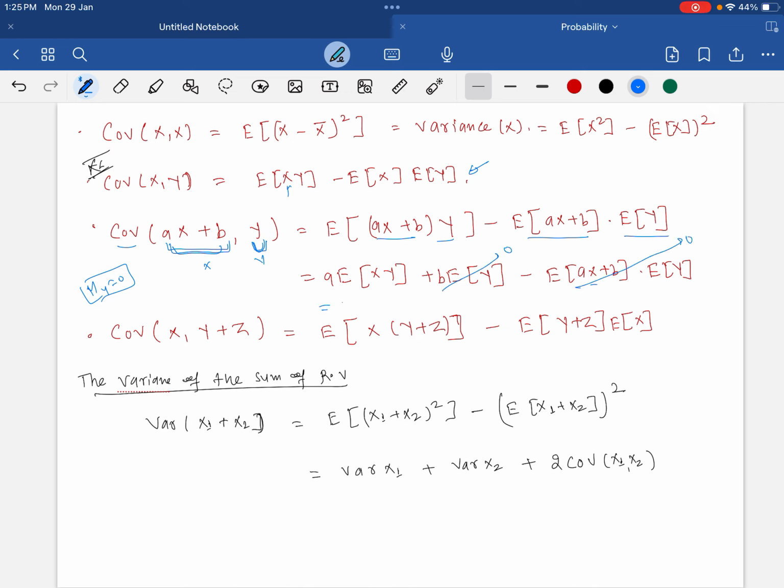So what you will get is 8 times the covariance of x and y, where the mean of x and y is 0.